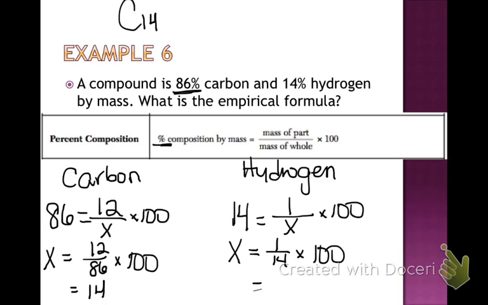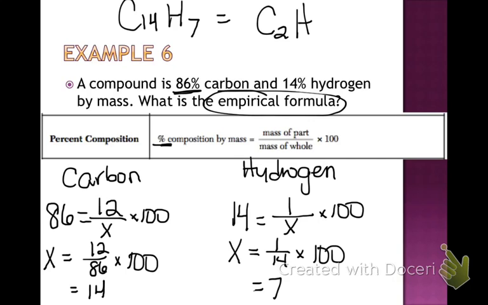And so x should be equal to, punch this into our calculator, 7. Okay? And so we know we have C14H7, and we want the empirical formula. So can we reduce this down? We sure can. So we have C2H. And so this is our empirical formula.